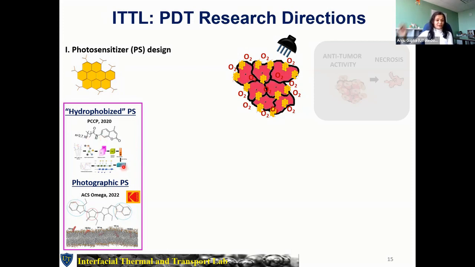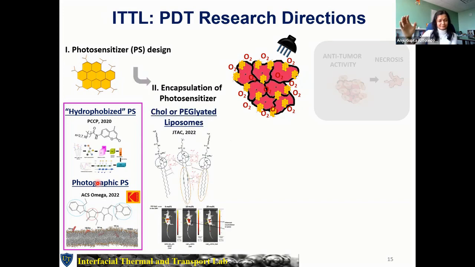The first one is hydrophobized, and the second one is photographic PS, which was developed at Kodak a few decades ago. I'll also show you some of our molecular dynamics simulation work and some of the machine learning models we are trying to develop to study this photodynamic therapy.